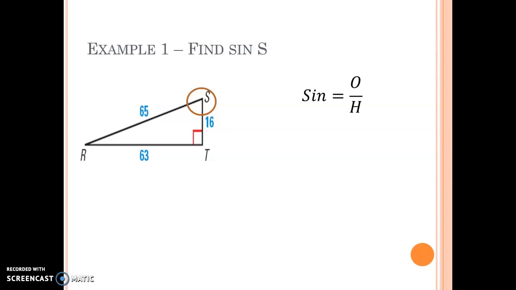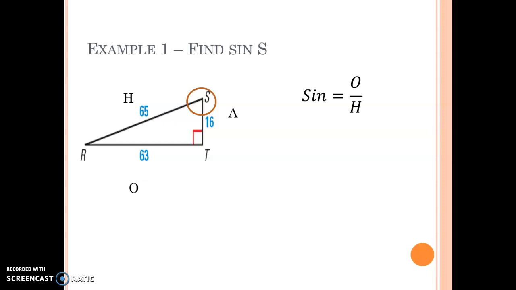So the side opposite of angle S is RT, which is 63. I'm going to go ahead and put an O there for opposite. Across from the 90-degree angle is our hypotenuse, RS, or 65. And that leaves 16, or ST, to be our adjacent.